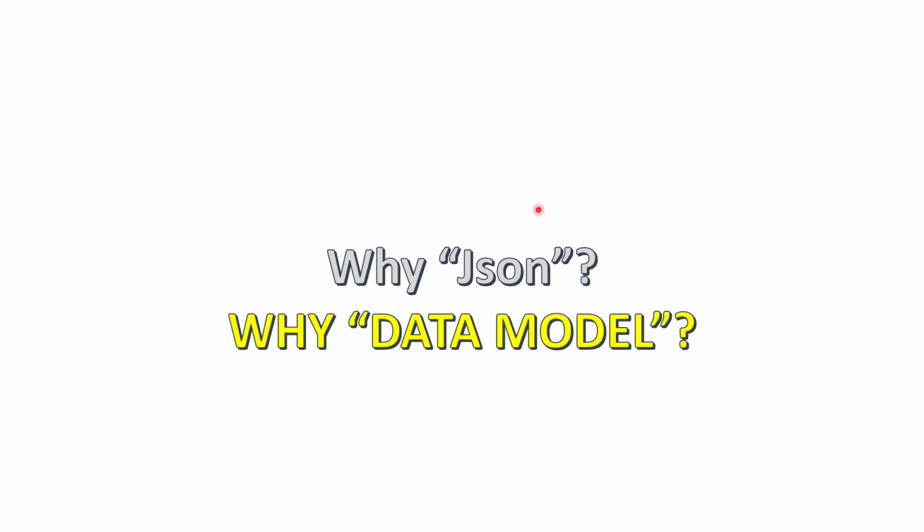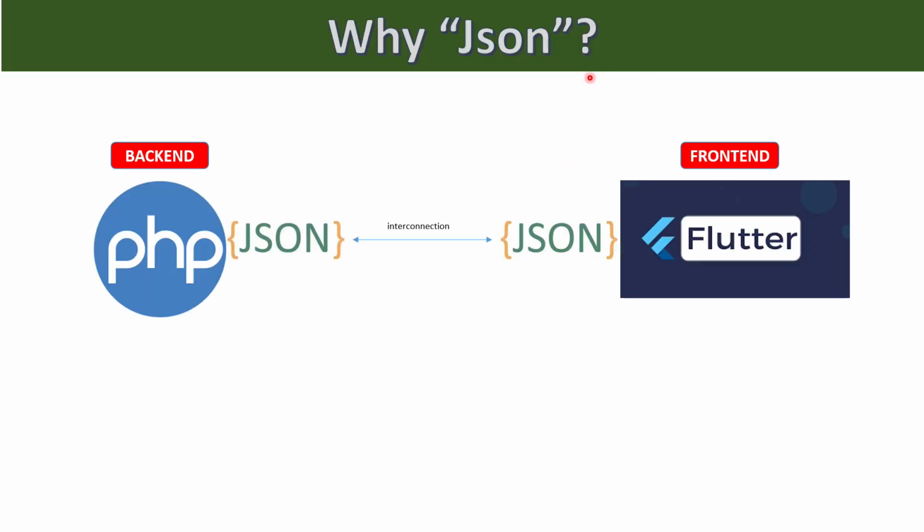Why JSON? And then why do we use a data model on this project? Okay, the first one, why JSON? The answer is because in the backend we have a PHP program, and in the front end we use a Flutter project.